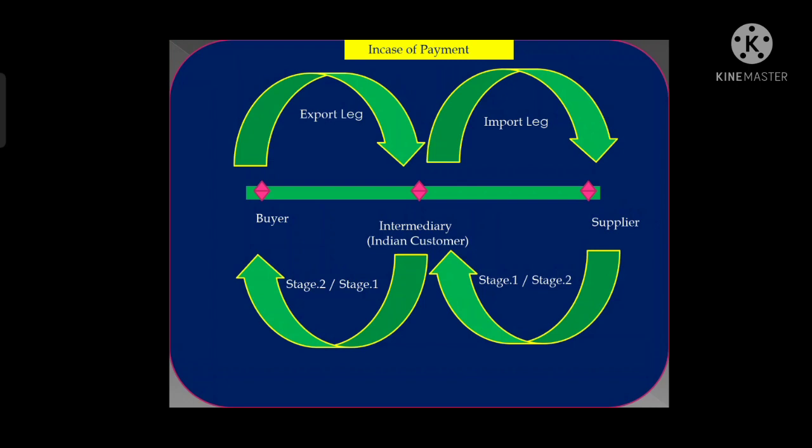If the intermediary has to make the import leg payment first before receiving the export leg, then the import leg would be the first stage and the export leg the second stage automatically. So whichever payment is made or received first will be called stage 1, and the second will automatically be called stage 2.